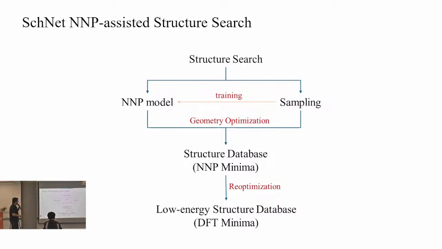Okay, and then we get some of the structures here, not all of them. Just choose those low energy structures, and then we optimize them at DFT, right? And so at the end of the day, we still have low energy structures that are at ab initio level. Still DFT level, they are not NNP level. And so we can still say that they are first principles.